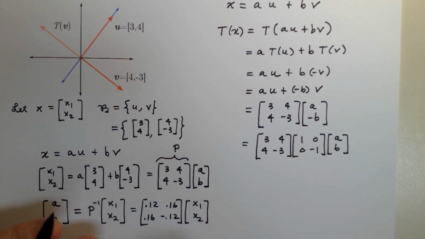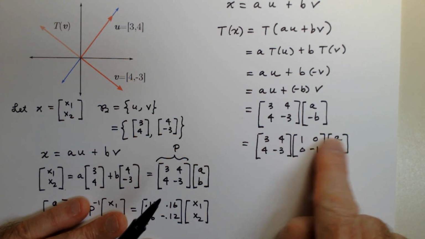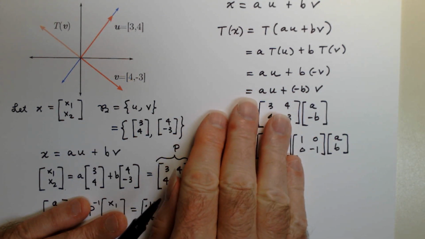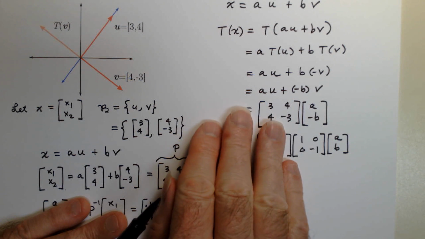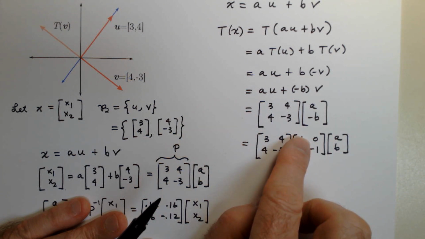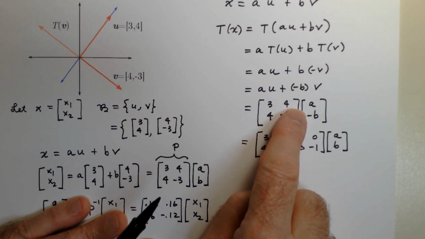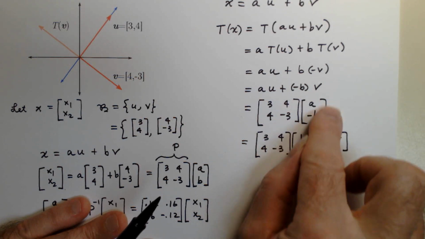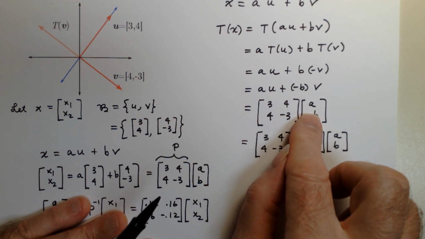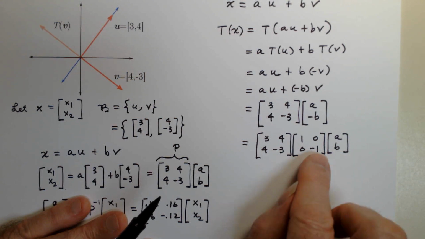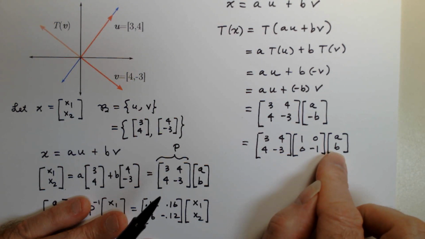All right, so let's make sure we understand what we've done here. If I just think about this last matrix multiplication, multiplying that simple matrix times the vector AB, I can see that I'm going to get A and negative B. And so all I'm doing is taking this vector A, negative B and writing it as a simple matrix times AB.